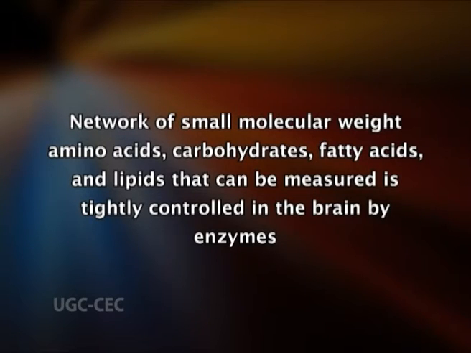The network of small molecular weight amino acids, carbohydrates, fatty acids and lipids that can be measured is tightly controlled in the brain by enzymes, and all but a few key molecules, MRI-invisible messengers and neurotransmitters, are kept at remarkably constant concentrations. It is for this reason that reproducible MR spectra of the brain can be obtained when robust methods are applied.